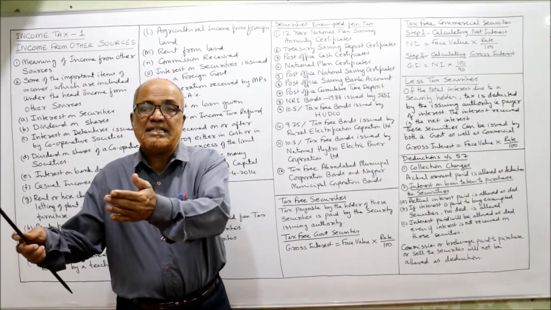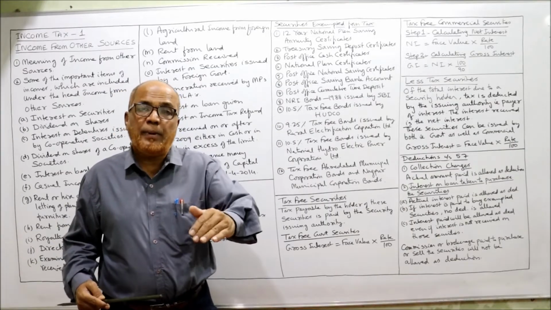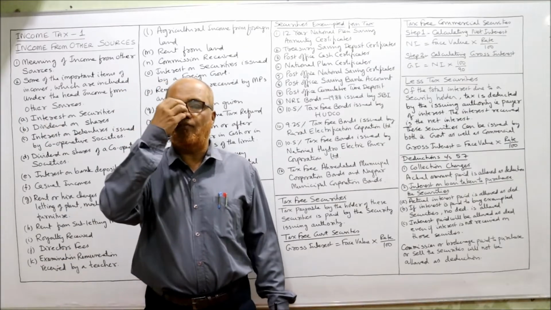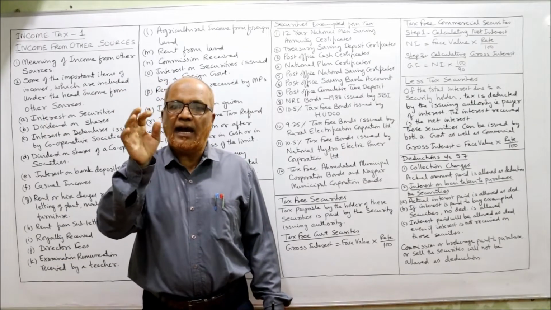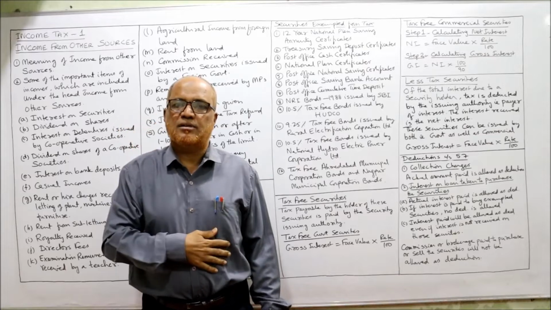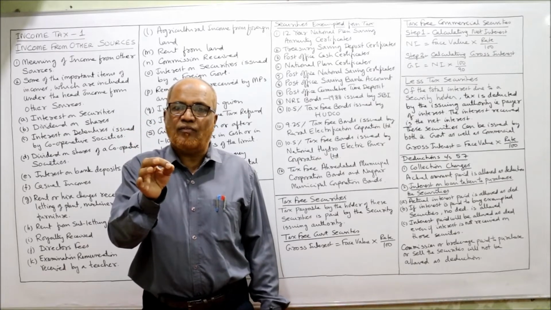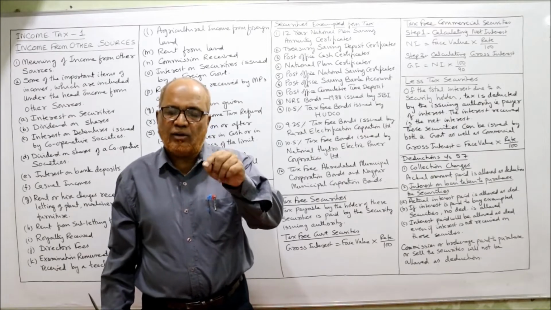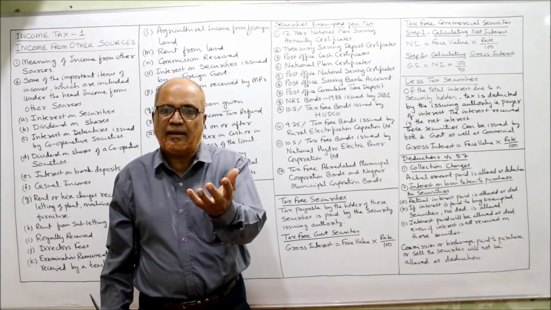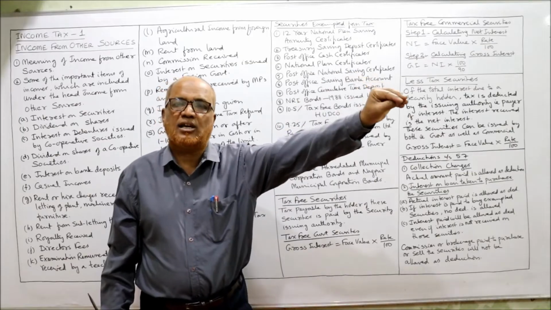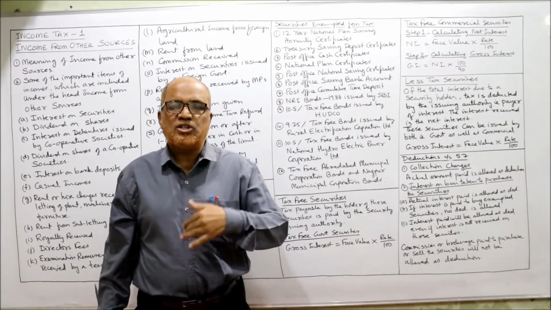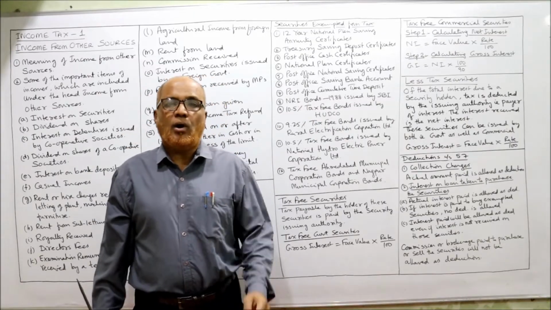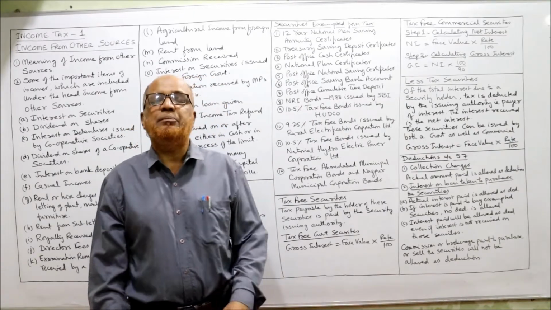Sometimes the assessee has taken a loan to invest in security. For example, I have taken a loan from a bank of 1 lakh rupees at a rate of interest of 10%. That 1 lakh rupees loan, I have invested in securities of a company. I have purchased some bonds, some debentures of XYZ company, on which the rate of interest is 15%.